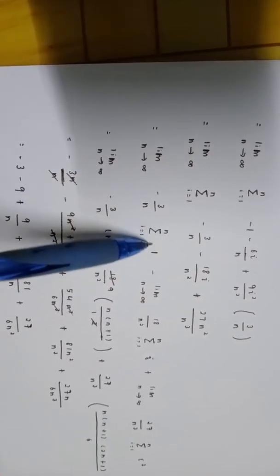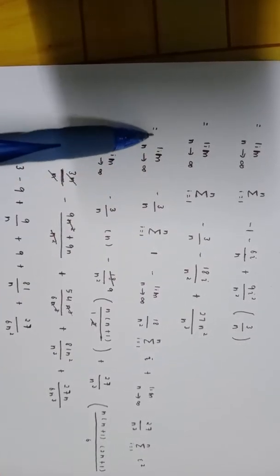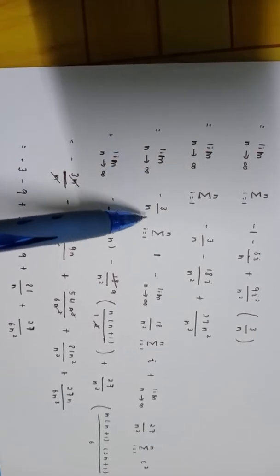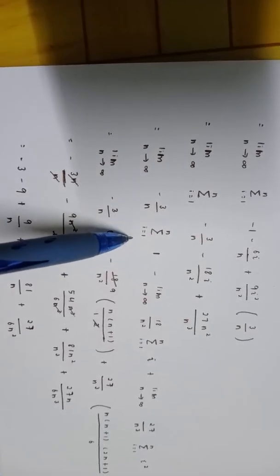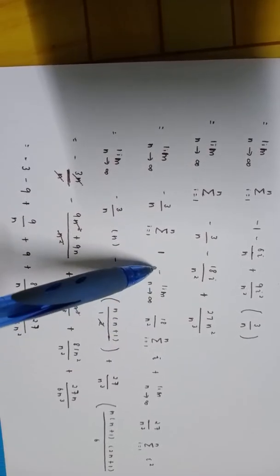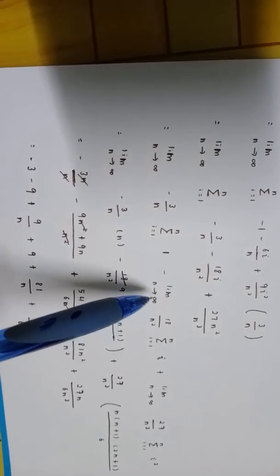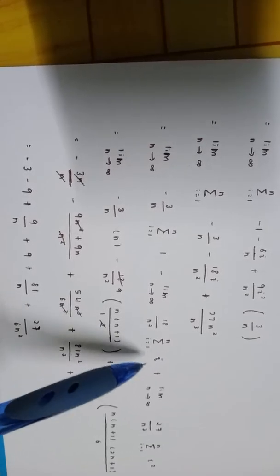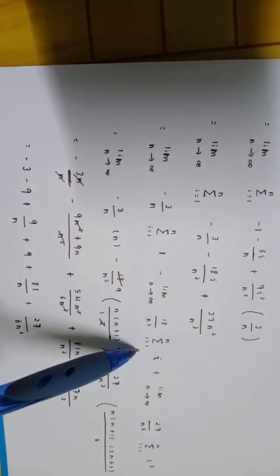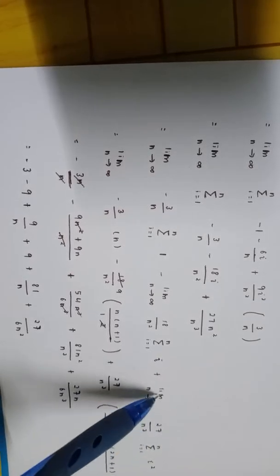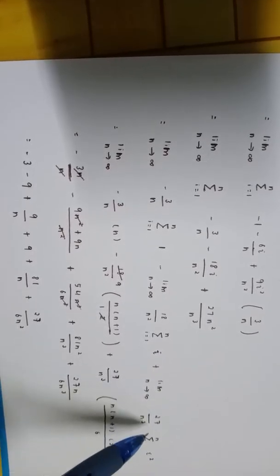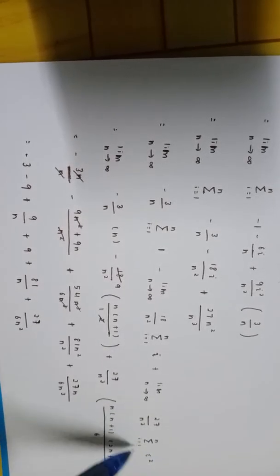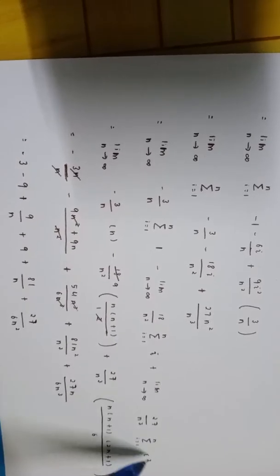Then we need to separate each of them, where we got the limit as n approaches infinity of negative 3 over n, sum from i equals 1 to n of 1, minus the limit as n approaches infinity of 18 over n squared, sum from i equals 1 to n of i, plus the limit as n approaches infinity of 27 over n cubed, sum from i equals 1 to n of i squared.